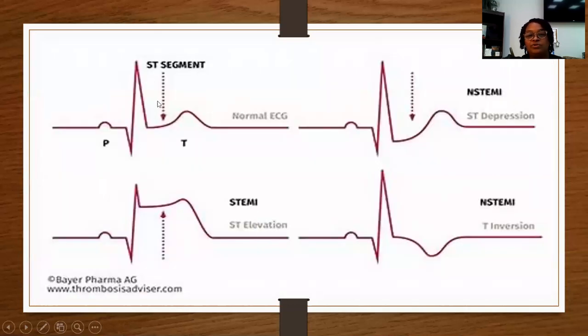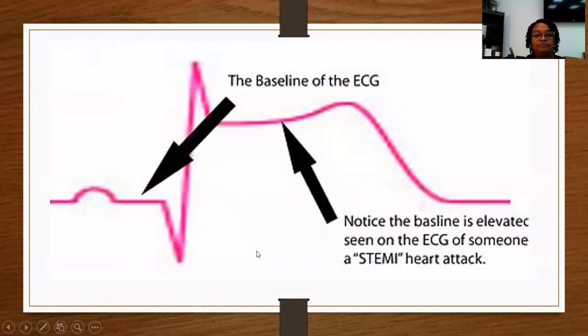Here's an illustration showing you your normal ST segment, and then your ST elevation again with the STEMI, ST depression with your non-STEMI, and here's what the T wave inversion looks like.